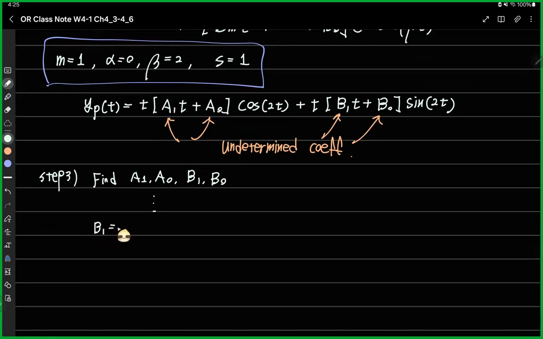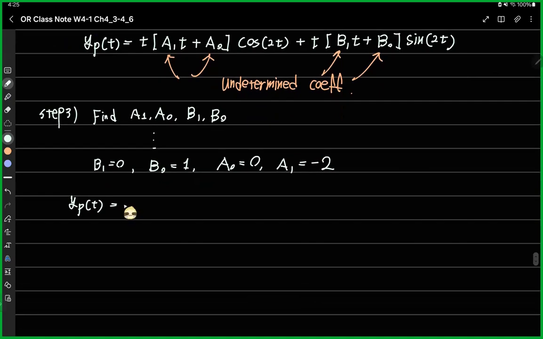So b1 is 0, b0 is 1, a0 is 0, and a1 is -2. That's it. So now yp is going to be -2t squared cosine 2t plus t sine 2t.